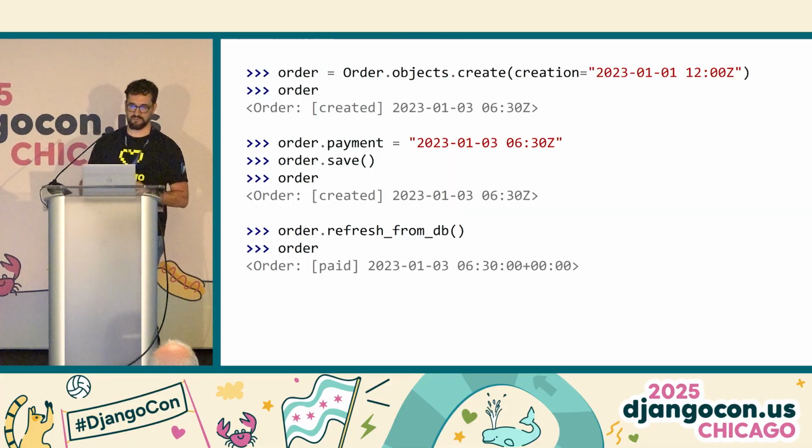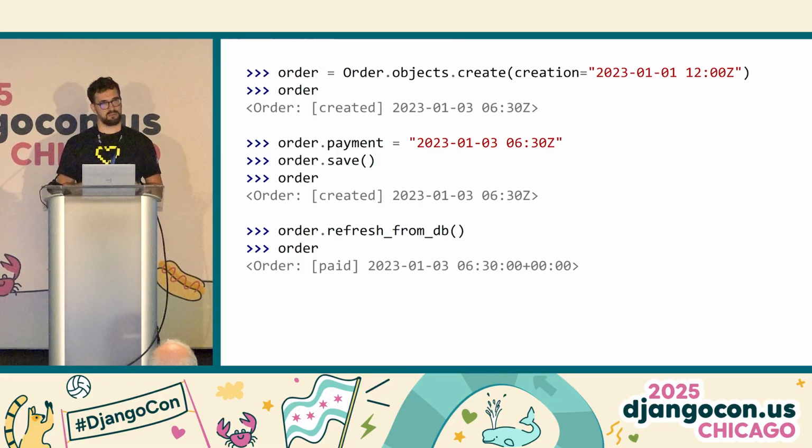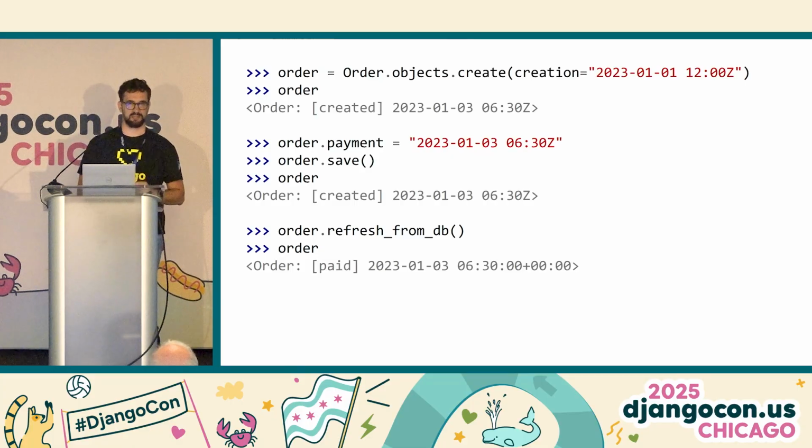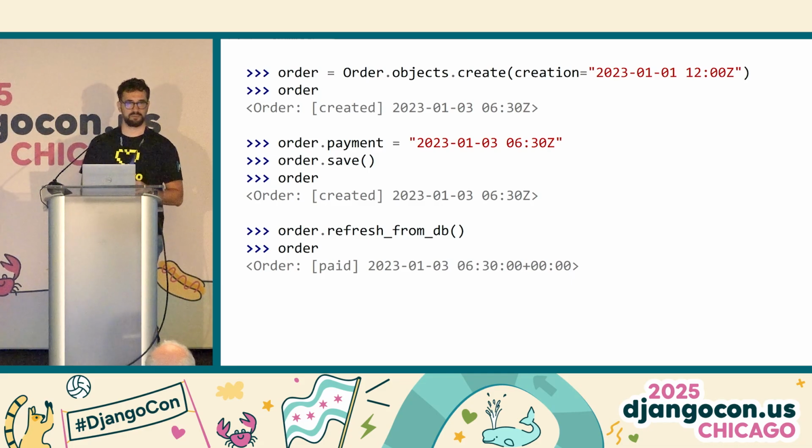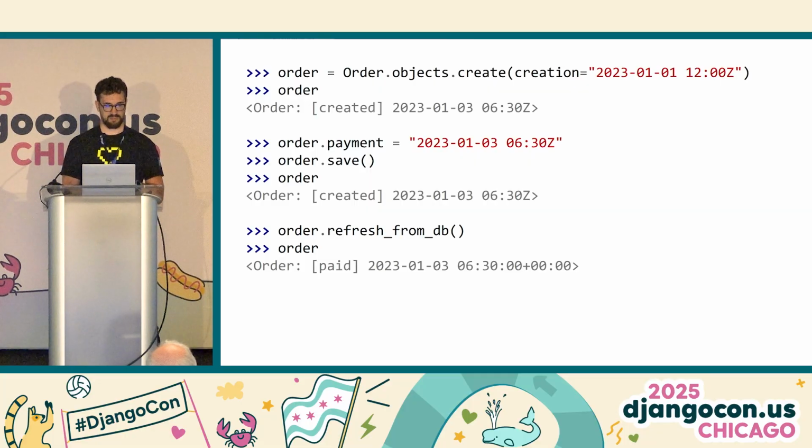Unfortunately, as you can see, the status didn't change because at the moment when we save something, it is not returning automatically the generated field. What we have to do is to remember to refresh the instance from the database. In this case, we can use the refresh from DB, or maybe get the instance again from it. It's something we have to remember when we work with generated fields.